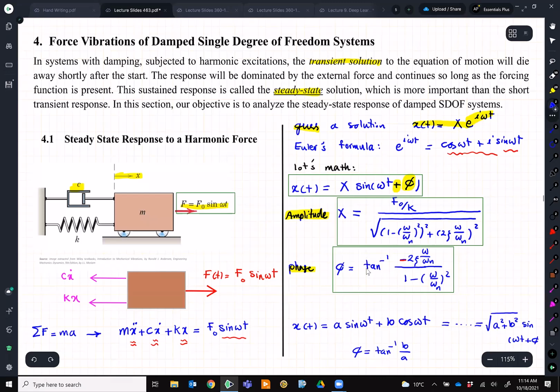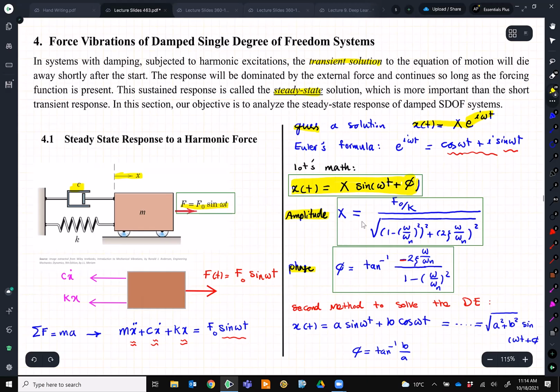That's also another method, a second method to solve the differential equation. But either the second way or the first way, we will get to this value. So this is what is important for us. The response of this system is x(t) equals X sine omega t plus an angle phi. We can find this X and phi from this formula.